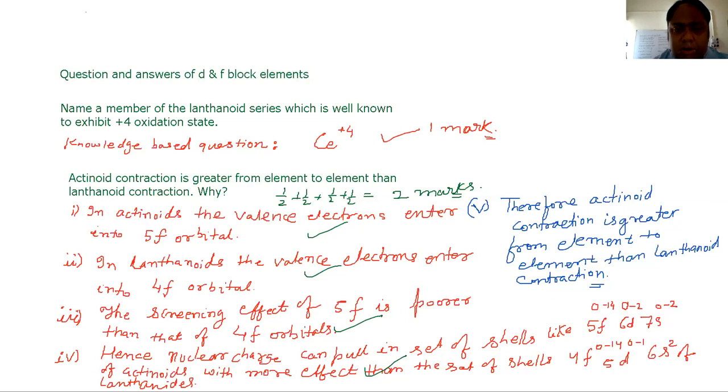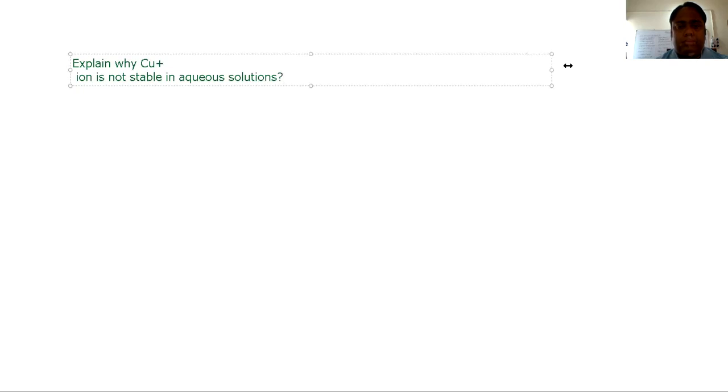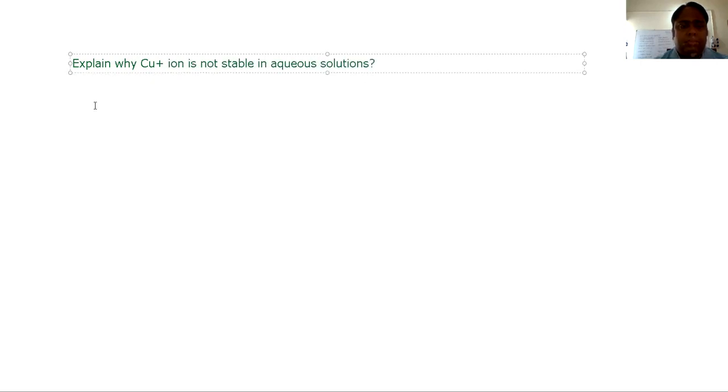Explain why Cu plus ion is not stable in aqueous solution. To find the answer, let us see the electronic configuration of Cu metal, Cu1 plus ion, and Cu2 plus ion.